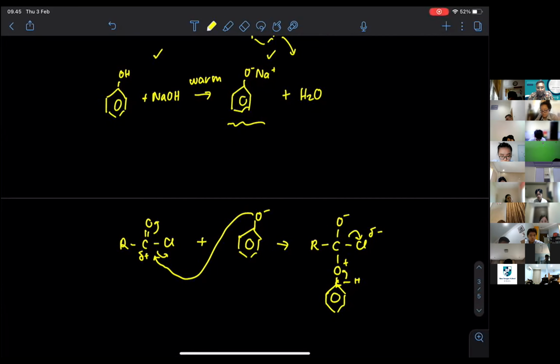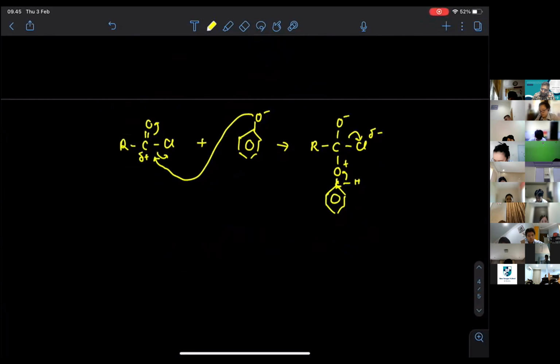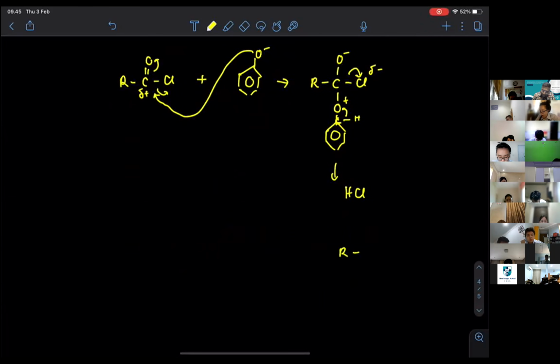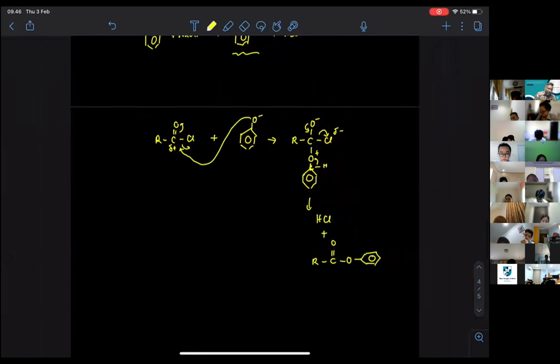So you are going to get HCl, and you are going to get RC double bond O. This one will go back, and then you will get O and this group. You will get the ester. This is going to be the final reaction in terms of mechanism.